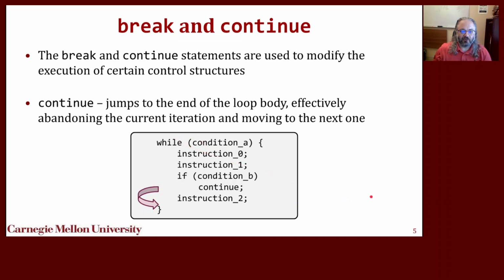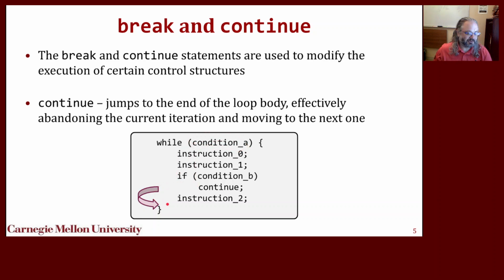Now, compare that to a continue statement. Rather than jumping out of the while loop entirely, a continue statement will jump to the next iteration. So essentially, a continue statement will abandon the rest of the current iteration of the loop and go back to checking the loop condition and continuing if the loop condition is still true.